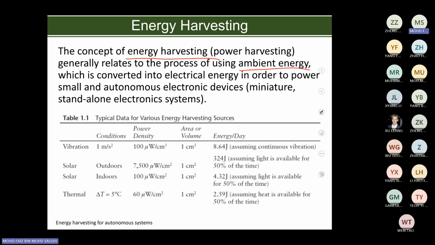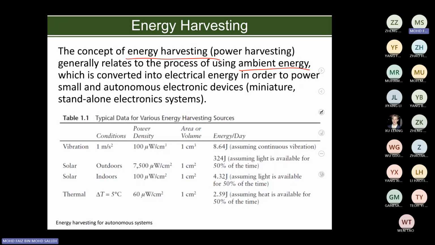Okay, so if you look in this table, the vibration condition, 1 meter per second or 2, can produce around 100 microwatt power density per centimeter cube.